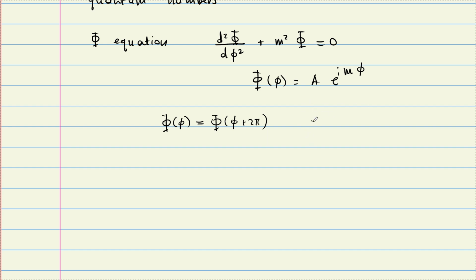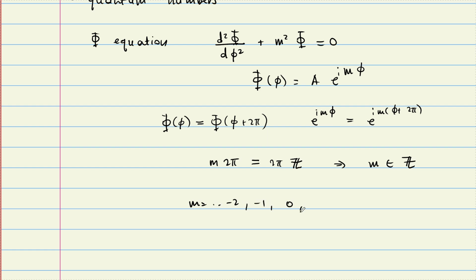Then e to the i m phi is equal to e to the i m (phi plus 2 pi), and this tells me m times 2 pi is equal to 0, or an integer times 2 pi, then m is an integer. So that means m should be minus 2, minus 1, 0, 1, 2, and so on. All of them are fine.